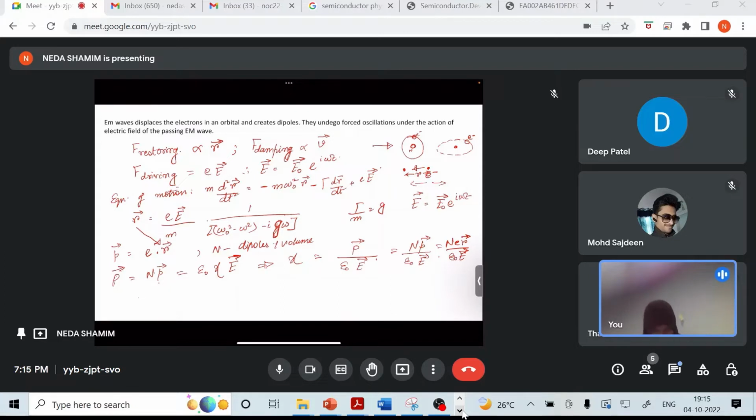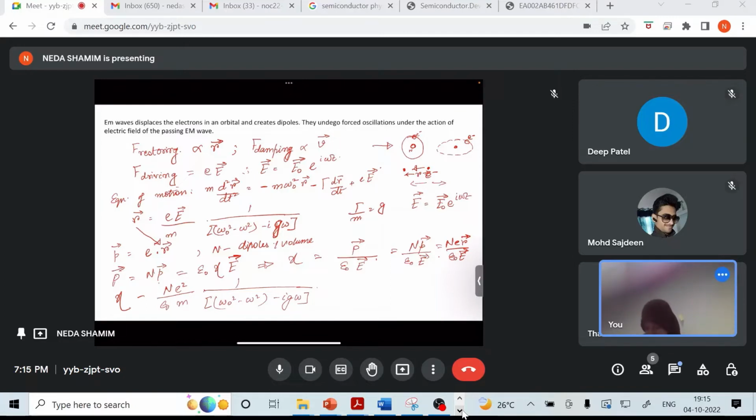My susceptibility will be n e square by epsilon 0 m, E gets cancelled, and we will be left with 1 over omega 0 square minus omega square minus i g omega. I hope I'm right. Yes, this is right.